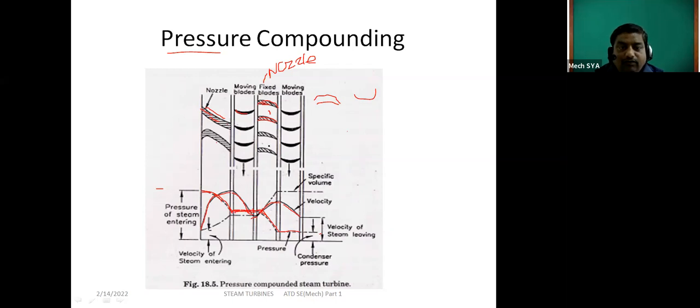And at the next fixed blade, the next nozzle, again the pressure goes on decreasing, but again on the moving blade it remains constant. The pressure decreases from here to here, and in the nozzle the velocity goes on increasing.